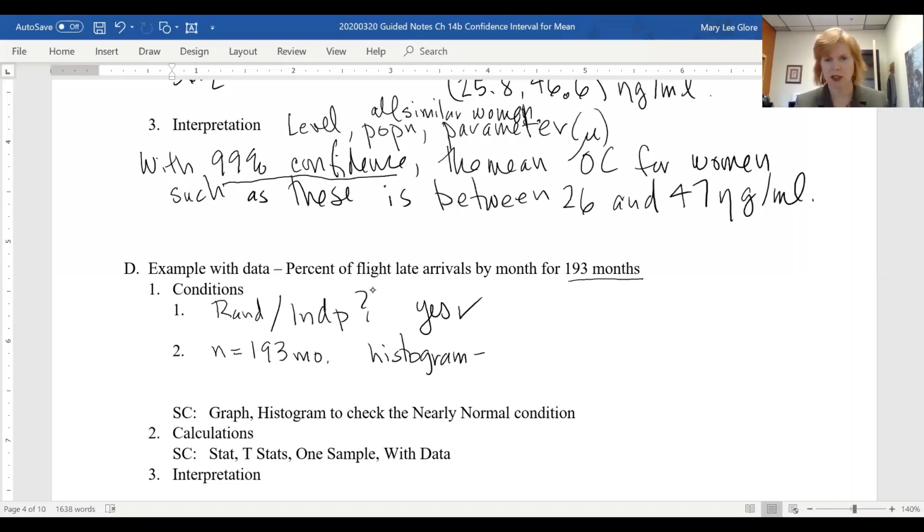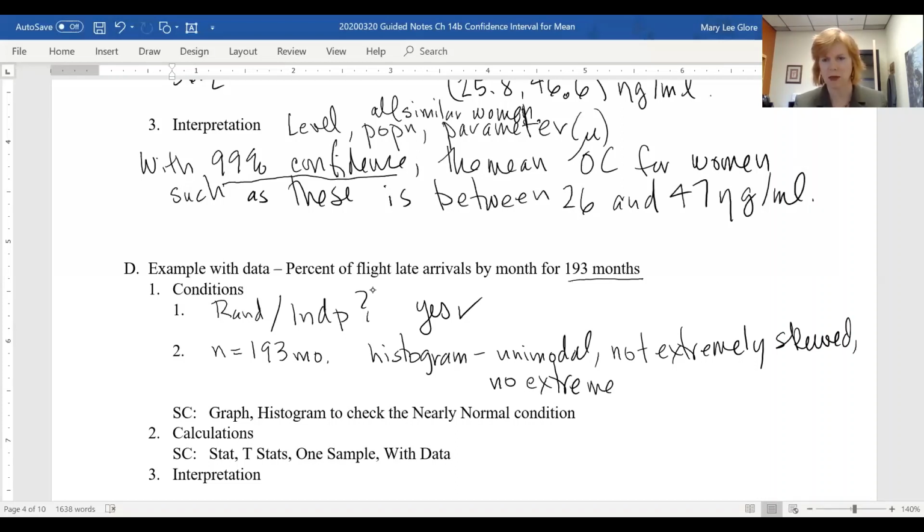And we're going to ask ourselves, is it unimodal and not extremely skewed? All right. And no extreme outliers. So we can't have any extremeness in it. If it's extreme, then we can't do the confidence interval. All right, so let's go see that.